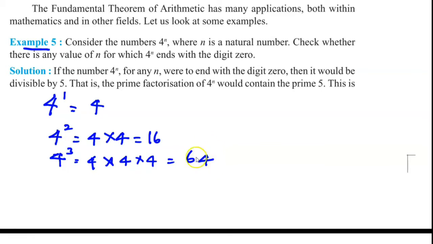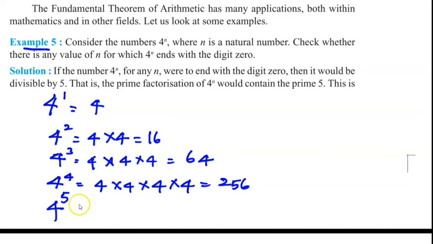It ends with 4, not 0. Let's try for 4 power 4. So 4 into 4 into 4 into 4, which is 4 4s are 16, 64 into 4 is 256. It still ends with 6.